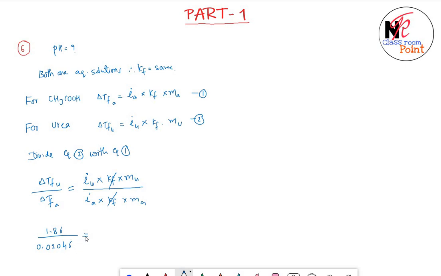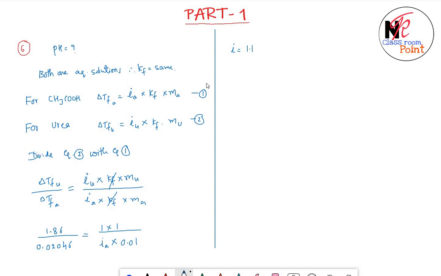Both are in degree centigrade, so they cancel. The i value of urea is 1, molality of urea is also 1, the i value of acetic acid is to be calculated, and the molality of acetic acid is 0.01. After solving, we get the i value of acetic acid as 1.1. Here we need to calculate the pH.